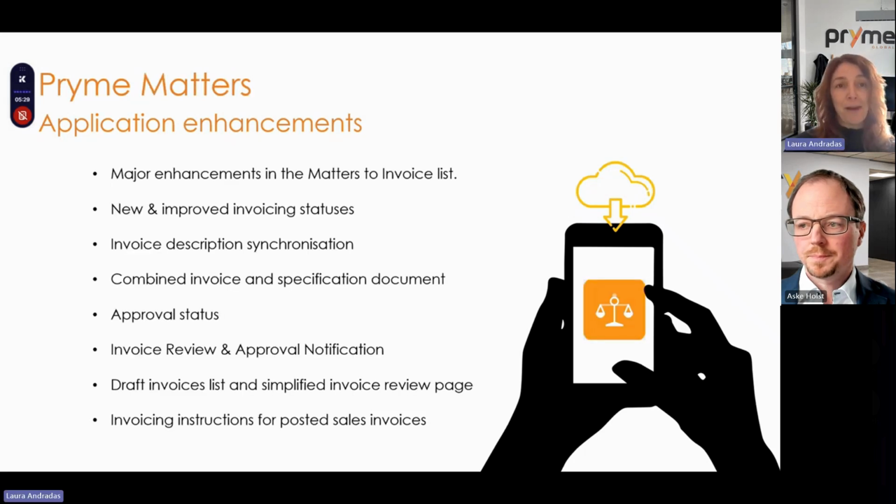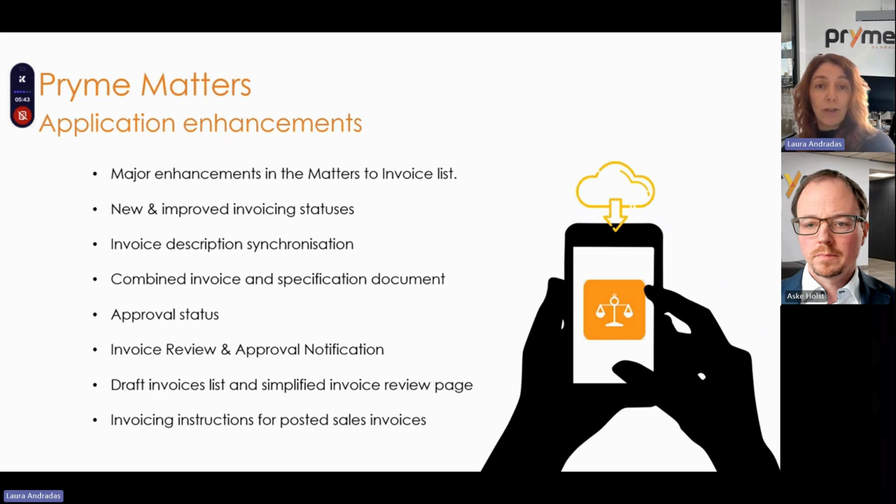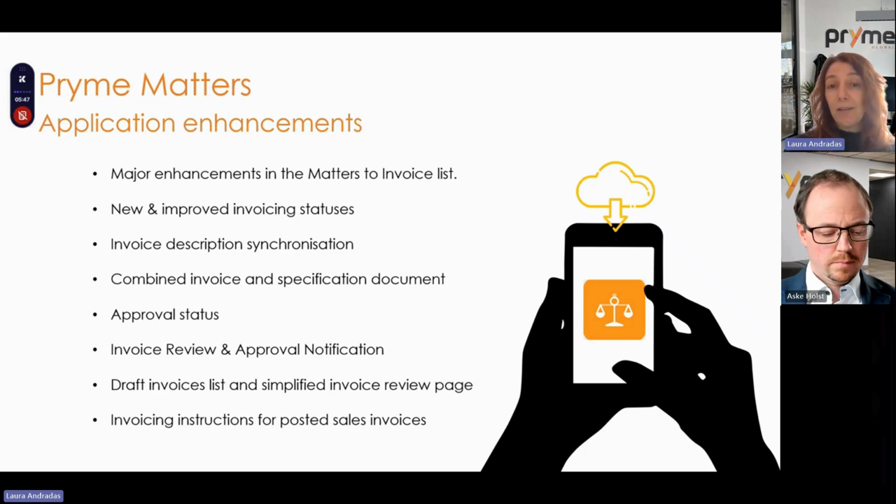And finally, Pryme Matters. It's here where we have seen the biggest update yet, mainly in terms of Matter billing application enhancements. So now it's possible to invoice directly from the Matters to Invoice list. This page, which used to be called Invoice Creation List, now has also 2 new fact boxes.